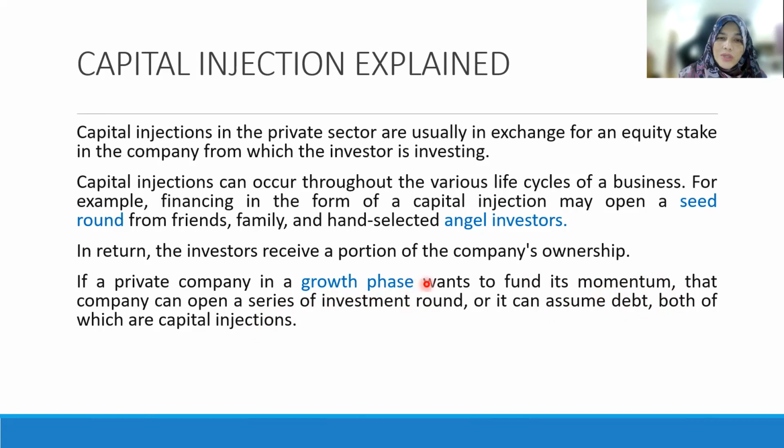It is different when you issue shares and get a new investor. Another difference is that if you issue shares, you don't have an obligation to pay dividends. You don't have an obligation to give part of the profit to the shareholder, because it is not compulsory. But if you take a loan from the bank, you have to pay interest to the bank, or if it is an Islamic bank, you have to pay profit to the bank, and you have to pay the principal as well.